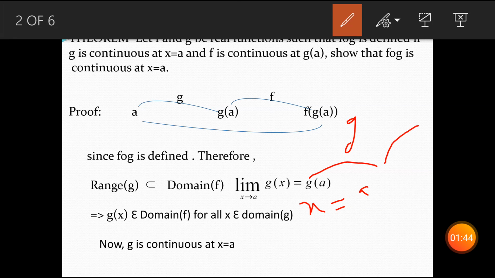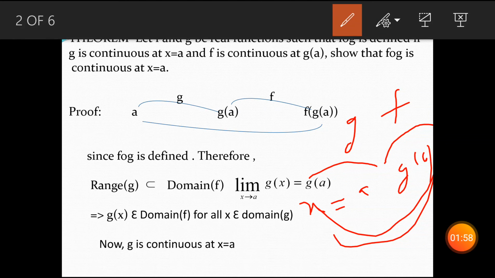And what about our next function, f? f is continuous at g(a). Then they are saying the composition of these two functions will also be continuous. This is what we want to prove.